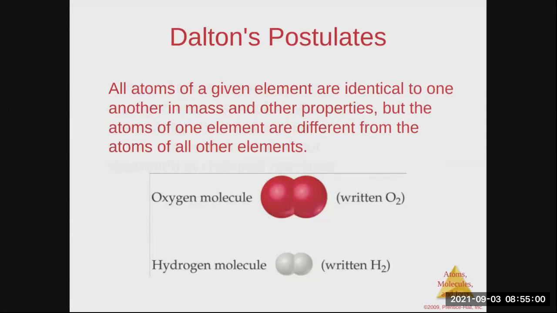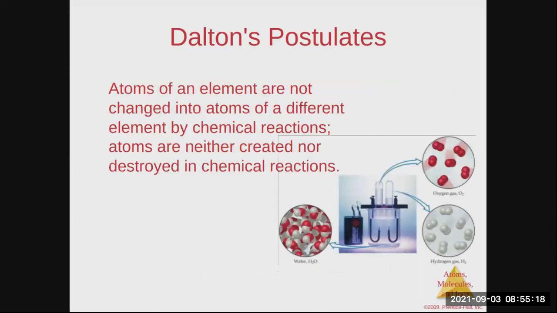Now, when we have a chemical reaction, according to Dalton, the atoms are not themselves broken down or changed into something else. What happens is that the atoms get together to form the new substance. But that new substance contains all of the atoms that we put in to make it.